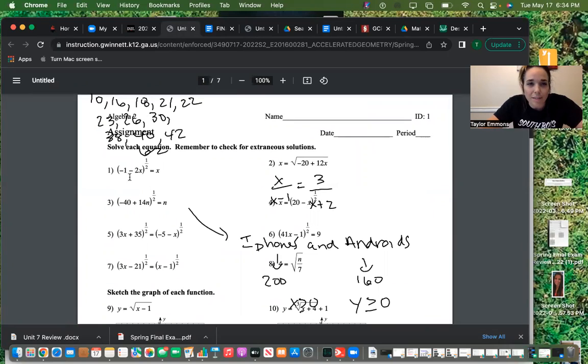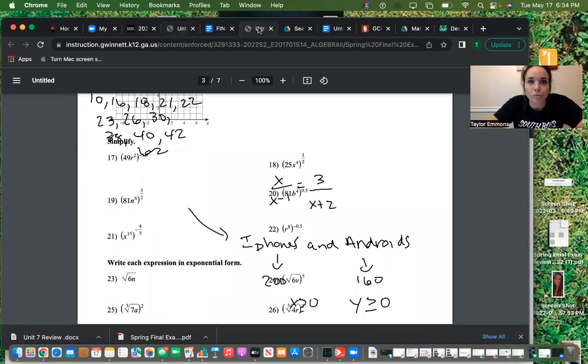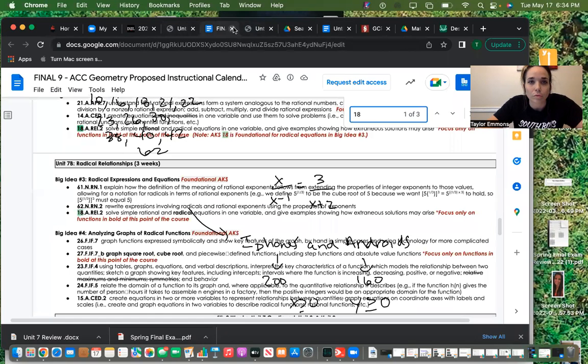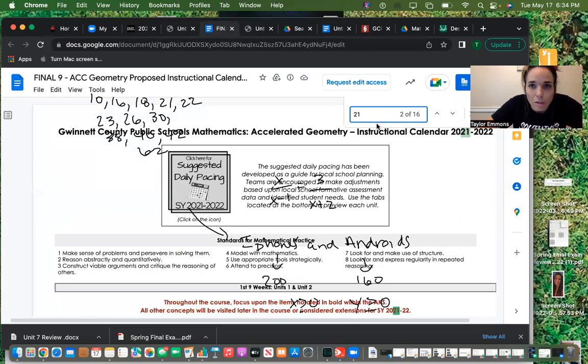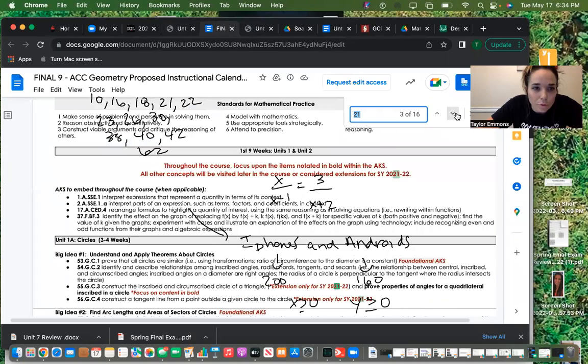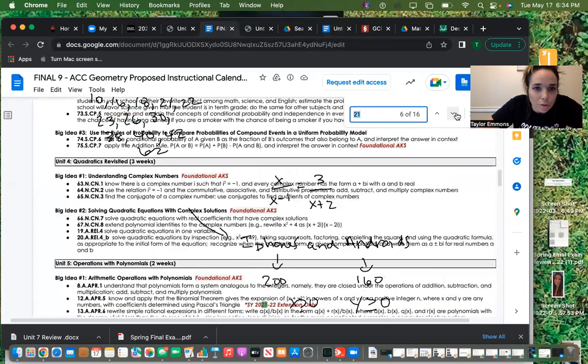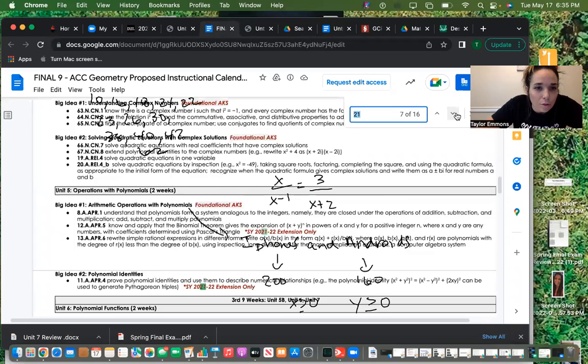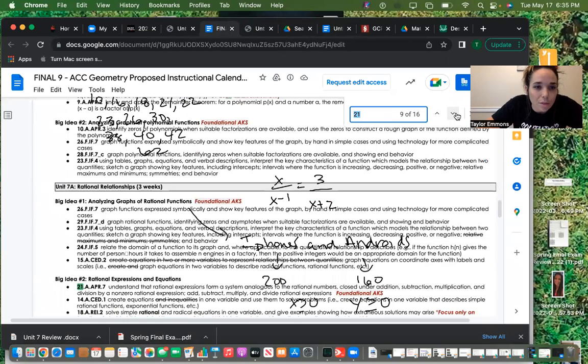So something like this, like number 1, and then solve for x. So many 21s in this document.